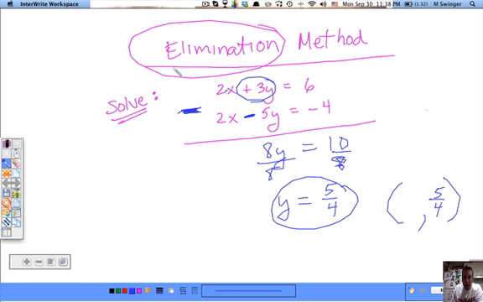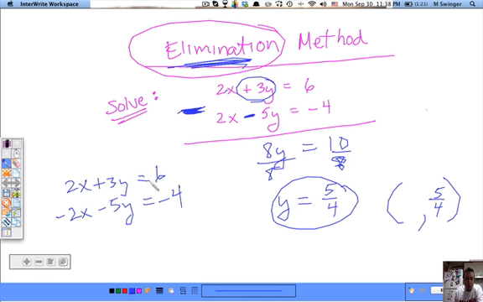Okay, so how do you eliminate things? You could subtract equations and you could eliminate things. Could you add equations? Yeah, if it was 2x plus 3y equals 6 and negative 2x minus 5y equals negative 4. If these were your two equations, that's a negative, that's not a minus. I would say, ooh, that's 2, that's negative 2. If I added these two equations together, these two things would eliminate because they're opposite.